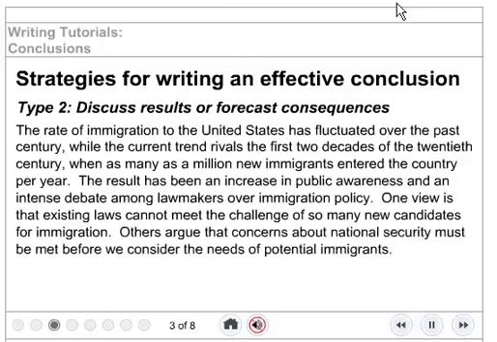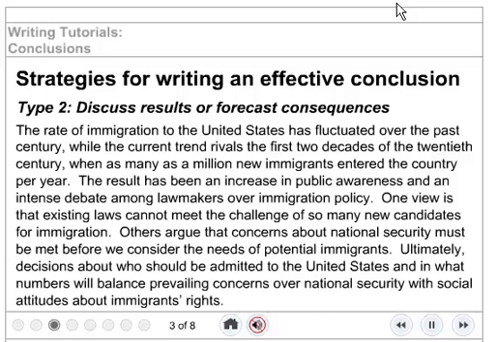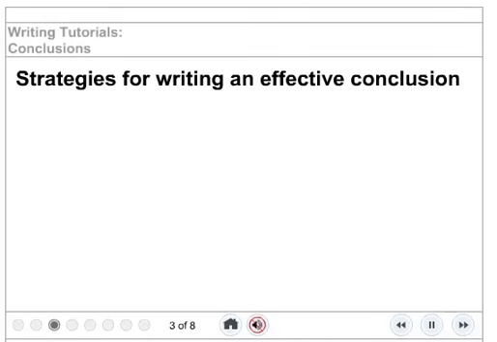Others argue that concerns about national security must be met before we consider the needs of potential immigrants. Ultimately, decisions about who should be admitted to the United States and in what numbers will balance prevailing concerns over national security with social attitudes about immigrants' rights. Now the critical reader can put down the essay confident that your treatment of the topic has broad significance.